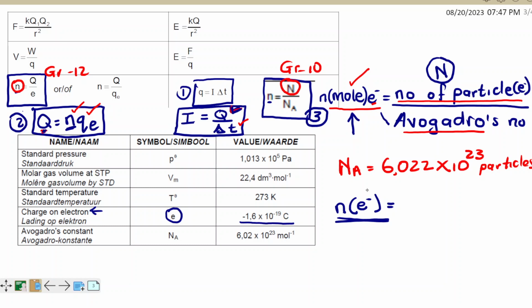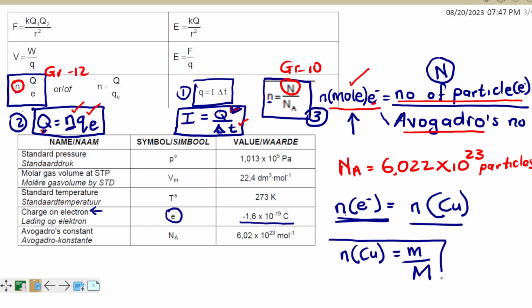So I'm going to do this step by step. The ratio between the copper and the electron means we need to go and find first the number of moles of the copper. This is the formula that we are going to use. Is it formula number 4, I think?